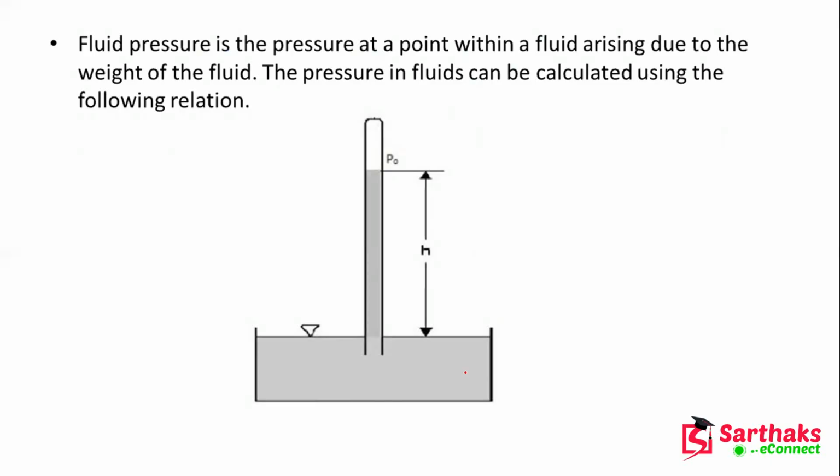So this is the distribution of pressure, and we always use it in our daily life. Now fluid pressure: this is the pressure at a point within a fluid arising due to the weight of the fluid. The pressure in a fluid can be calculated using the following relationship.